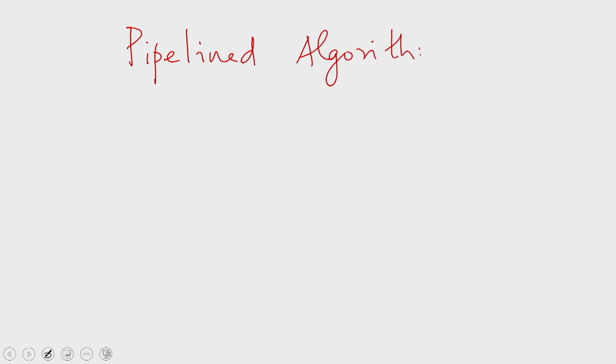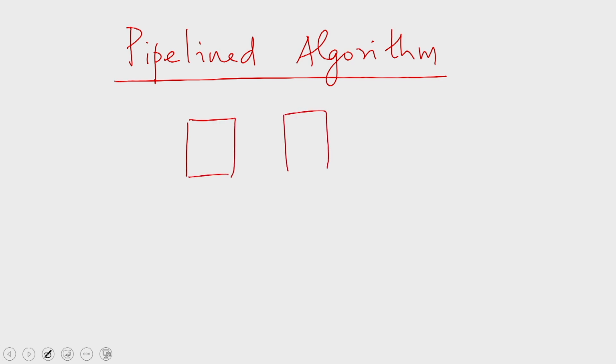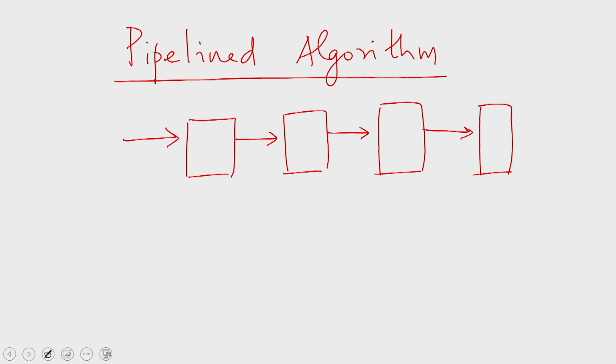Now, Cole's merge sort is a pipelined algorithm. A pipelined algorithm is where you divide the algorithm into several components and the data flows through the components in this fashion.